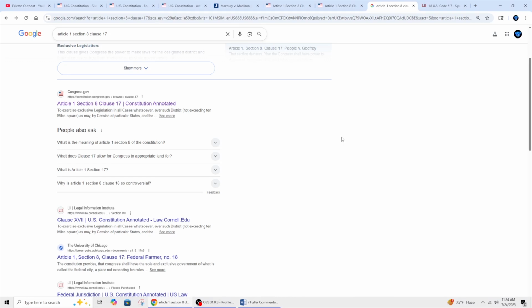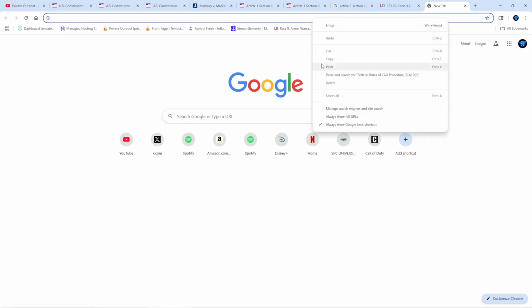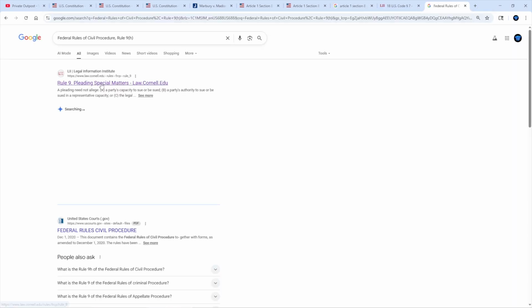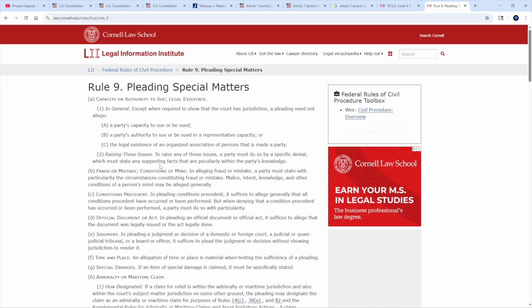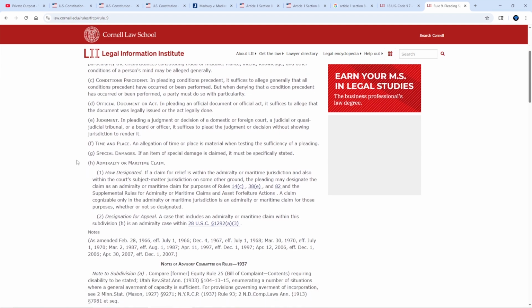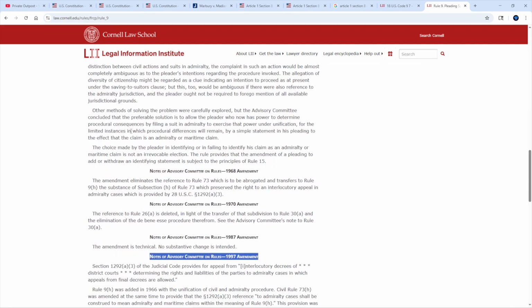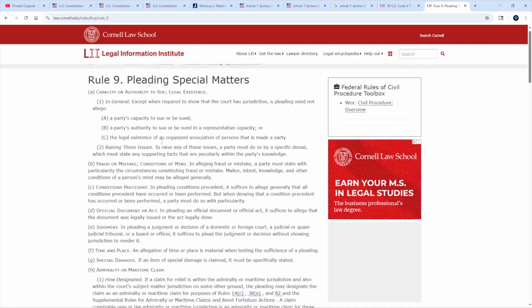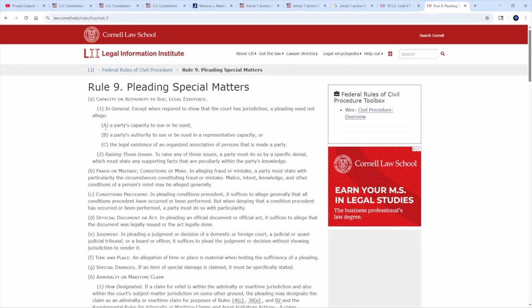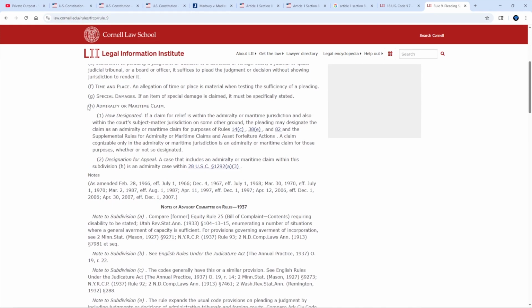I'd rather show it to you, because if we're going in hard on admiralty, let's go in and check it out. Okay, so what we're doing is you have this here, right? Rule 9, special pleadings. We go down here to Section H. We now have Admiralty and Maritime claim. This has now been added in. I'm just going to leave this highlighted. Let's go to the top of the page. You can see we're still on Rule 9. We're scrolling down. Boom, we have H, Admiralty and Maritime claim.